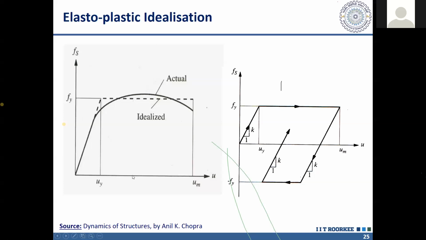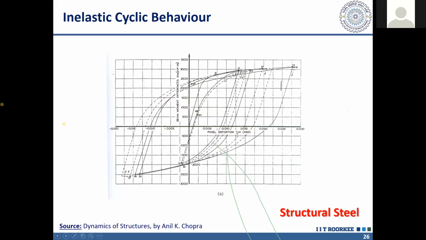And under earthquake load, if we have a good ductile structure, for example, steel, we know steel, if it is designed and detailed properly, then it is very ductile. Then you can see here you are getting almost an ideal behavior like a parallelogram. So this is the ideal behavior.